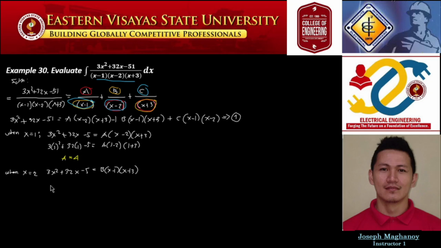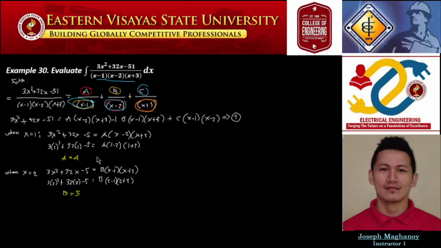We substitute the value of x, which is 2: 3 times 2 squared plus 32 times 2 minus 51, that is B, 2 minus 1, 2 plus 3. If we continue, our B will be 5. So that is your B.